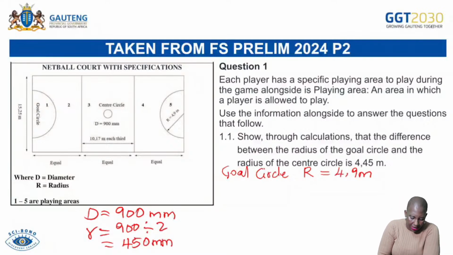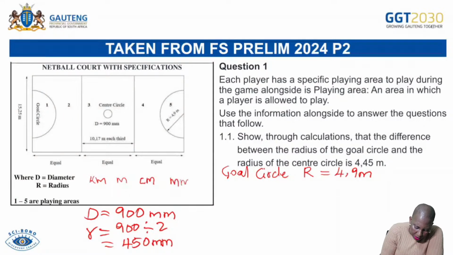And I always say, remember when we started that table, we say from kilometers to meters, from meters to centimeters, from centimeters to millimeters. So from here to here, we multiply by 1,000, and then from here to here, we multiply by 100, then from here to here, we multiply by 10.